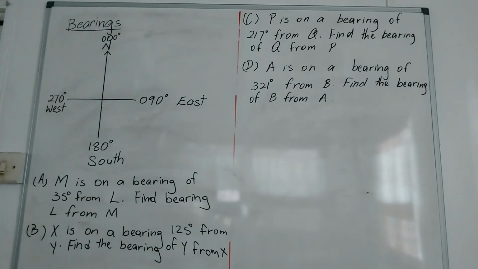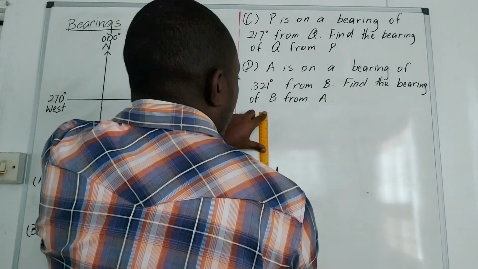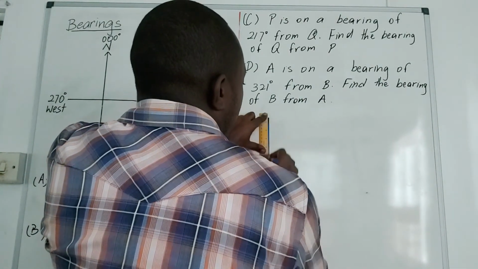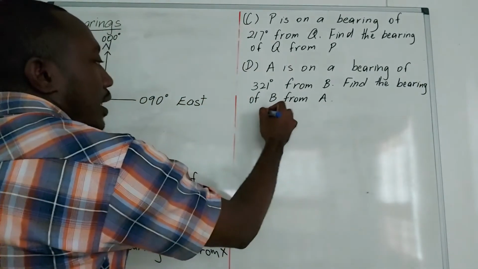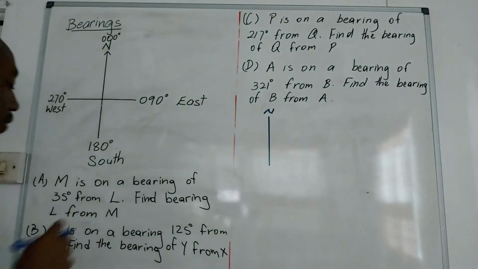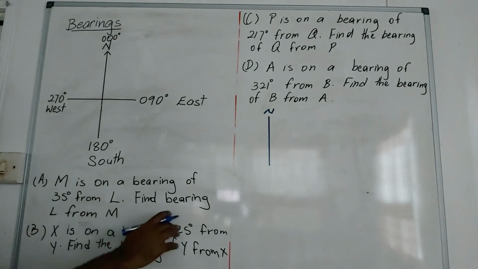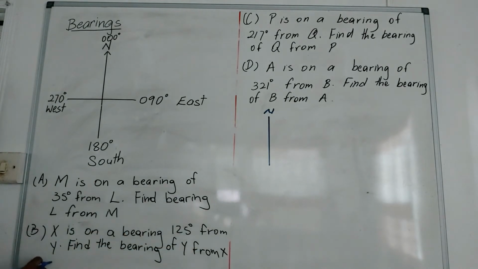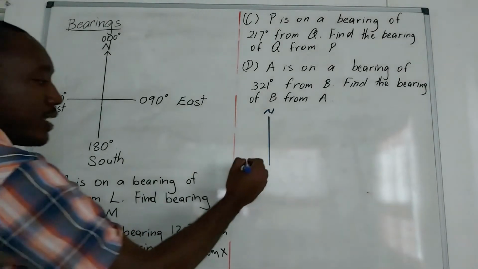Now, the next question, part B, says X is on a bearing of 125 degrees from Y. Find the bearing of Y from X. Again, let us first start by drawing our north line. So we have our north line, and if X is on a bearing of 125 from Y, it means Y is our starting point.